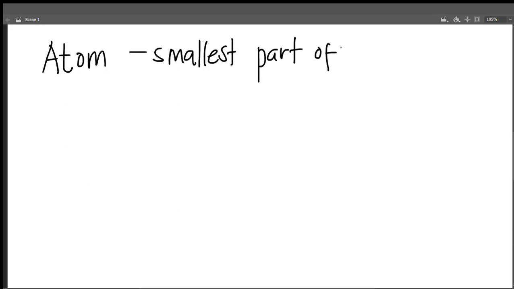Okay, so let us first start with the recall about atom. Last time I talked about atom. So this is the smallest part of an element that can take part in a chemical reaction, described as atom.